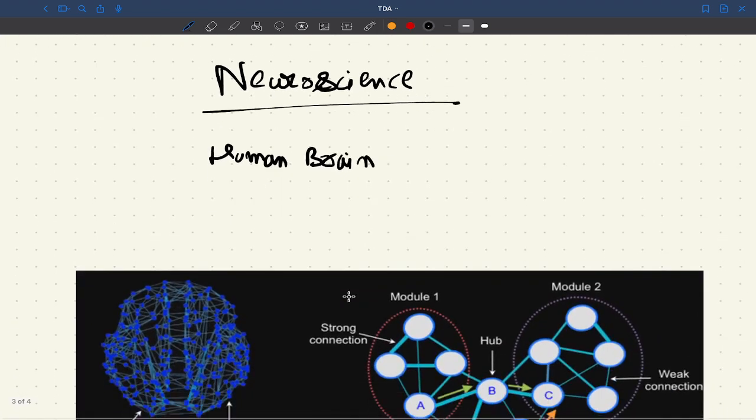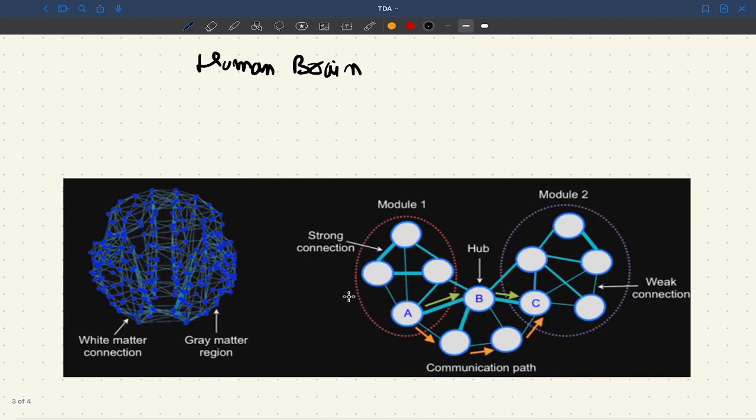So I found one illustration here. These nodes denote the regions in the human brain, and these edges are the connections between those regions. Some regions might be strongly connected and some may have weak connections.